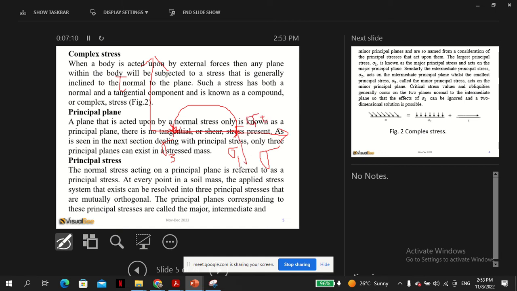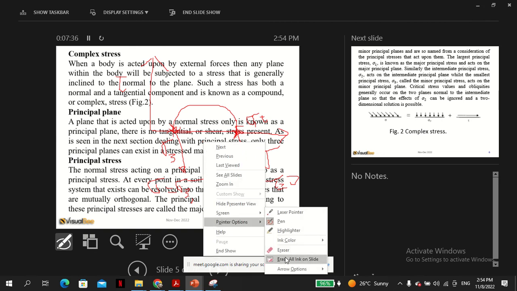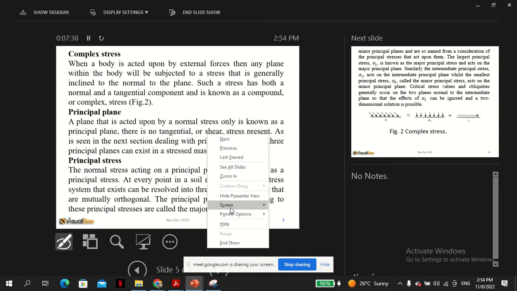But at this point sigma is sigma 1 and tau is 0. The same reason there: sigma is sigma 3 and tau is 0. So in the principal planes, the shear stress is 0. That's the point.